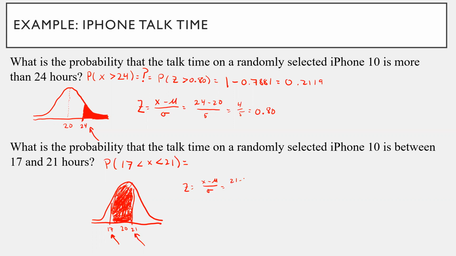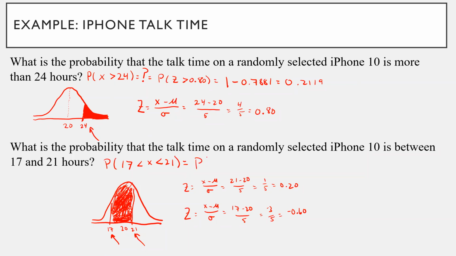It's 21 minus 20 divided by 5, which gets me 1 out of 5, which is 0.20. Then the z-score for 17, which is 17 minus 20 divided by 5, which is minus 3 divided by 5, which is minus 0.60.